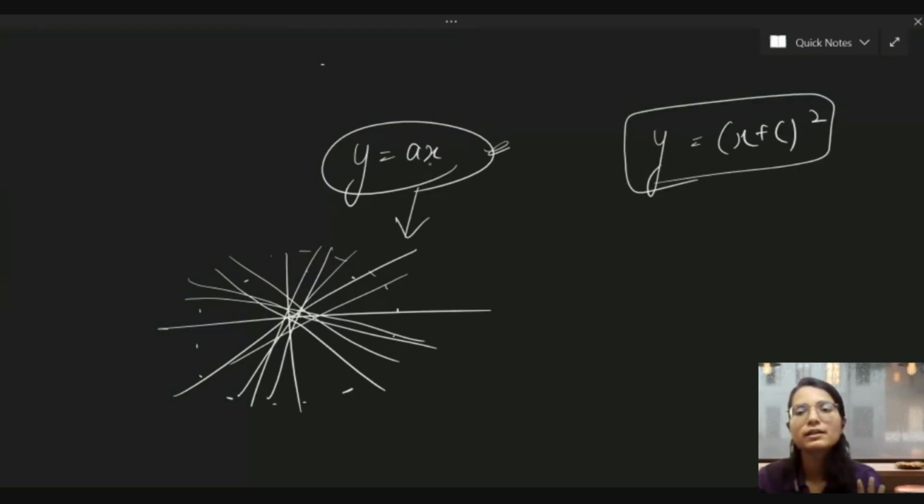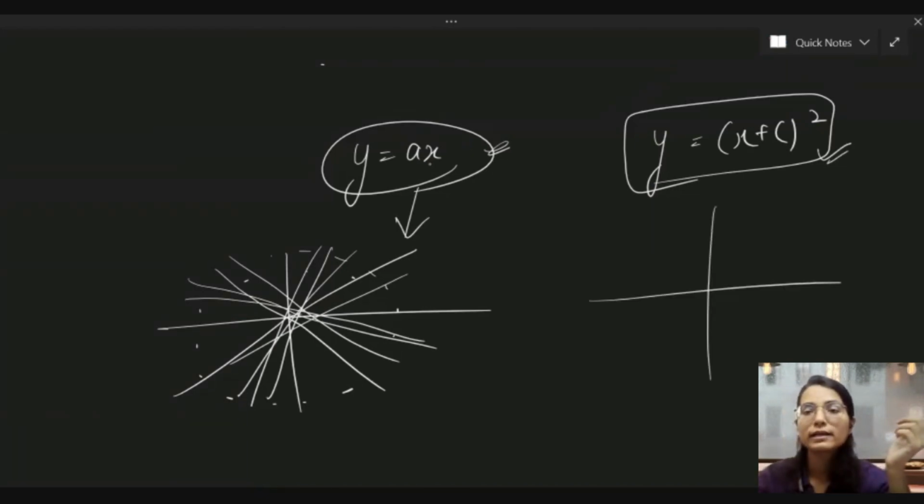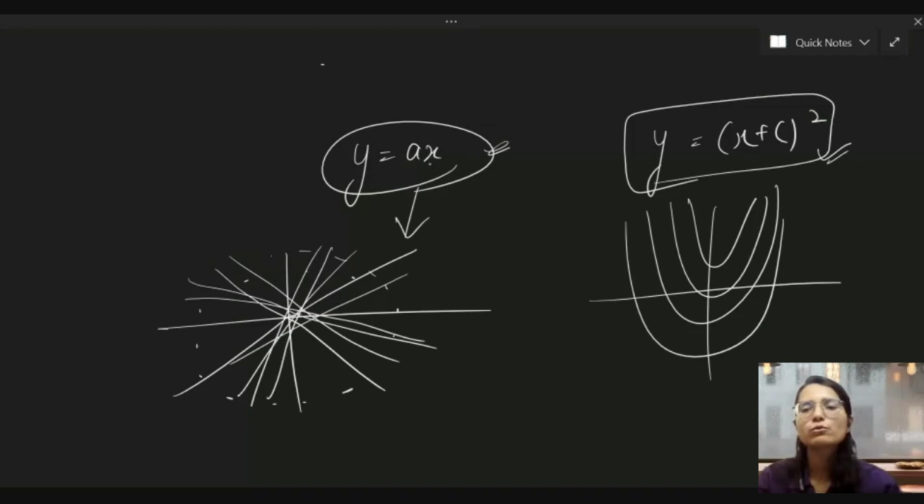For drawing these curves, whatever specific criteria you need is there. For example, if you want to draw this parabola, how will you draw it? x plus c, x is equal to minus c, y is equal to x. Yeah, this will be an upward parabola, like this, like this, like this. It depends on what the center and focus would be. So these parabolas will be like this.